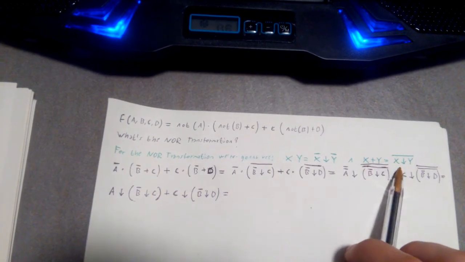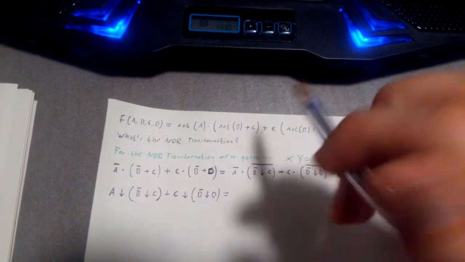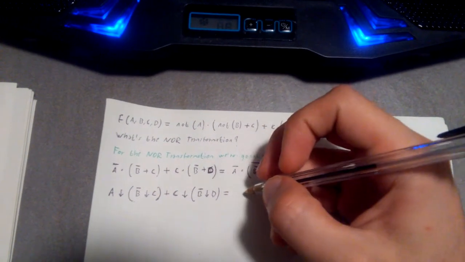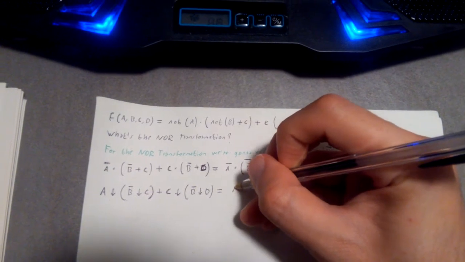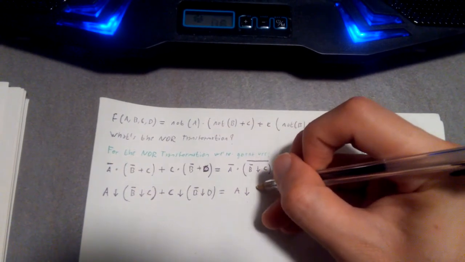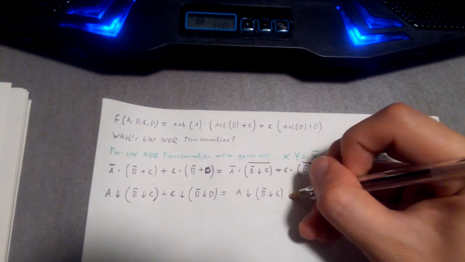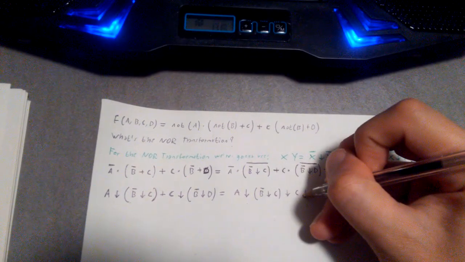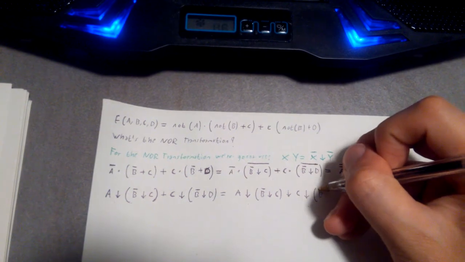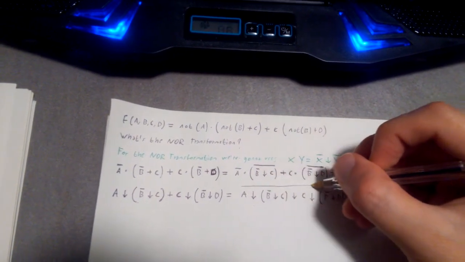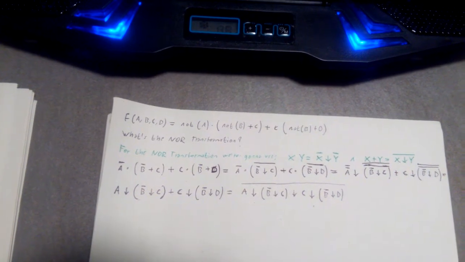So I'm going to use this property and put a big fat not on top of everything. So this will be A, arrow down B not, arrow down C, arrow down C, arrow down B not, arrow down D. I'm going to put a not on top of everything.